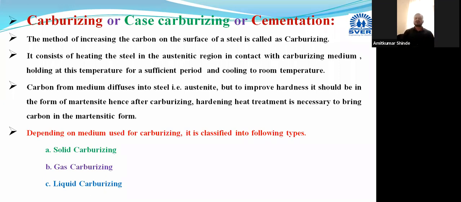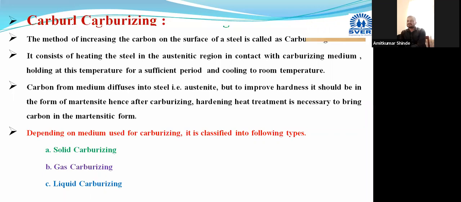If the source of carbon is a liquid medium, then it is termed liquid carburizing. What sources we use for solid, gas, and liquid carburizing, what the holding time or heating temperature zone is, and what the case depth will be, all this we will discuss in the next slide.